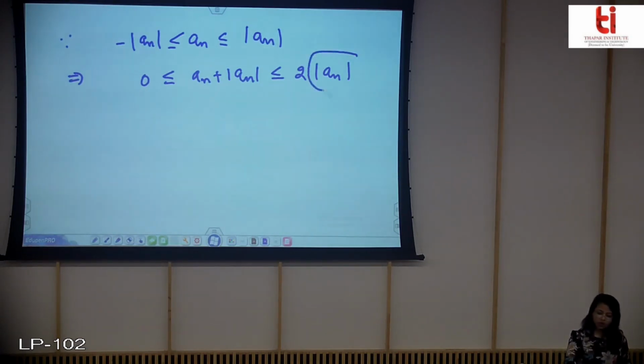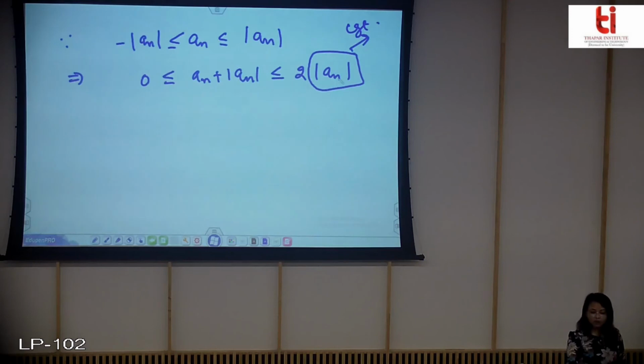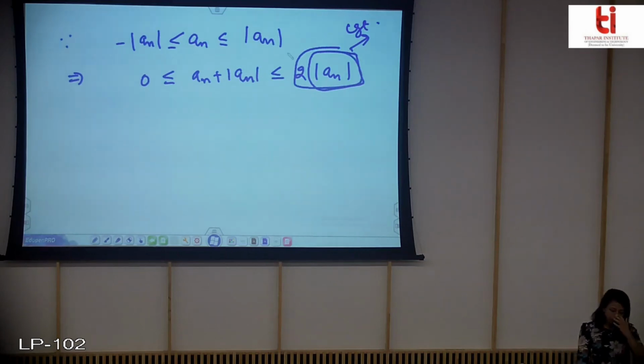You already know that the sum of mod of an is convergent. It is given. So k times this is also convergent. That will converge to whatever value this converges to, multiplied by that constant, so the total series will also converge, and therefore this will also converge.